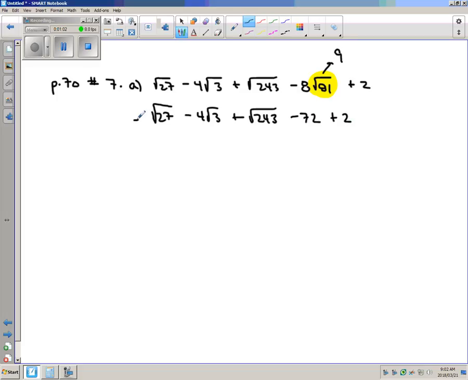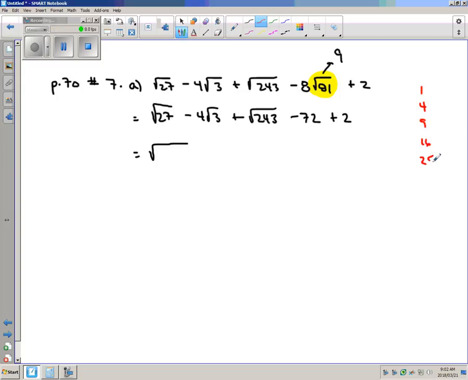All right, so now playing with radicals, some of the radicals, like root 3, are perfectly simplified, but root 27, that's not simplified. Your job is to find a number that has a perfect square root that goes into 27 nicely. And the numbers that have nice square roots are these: 1, 4, 9, 16.